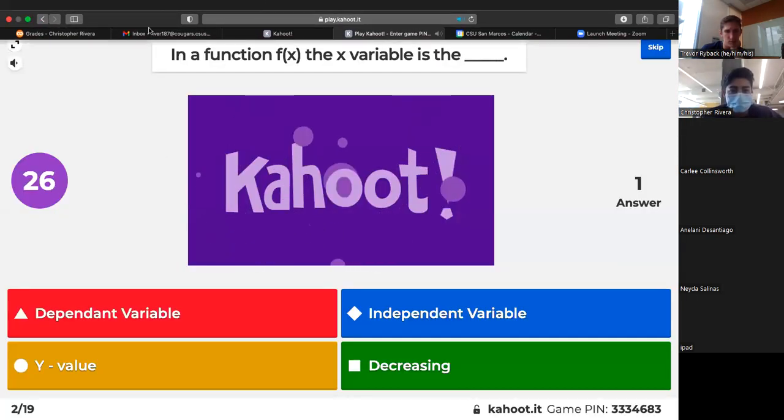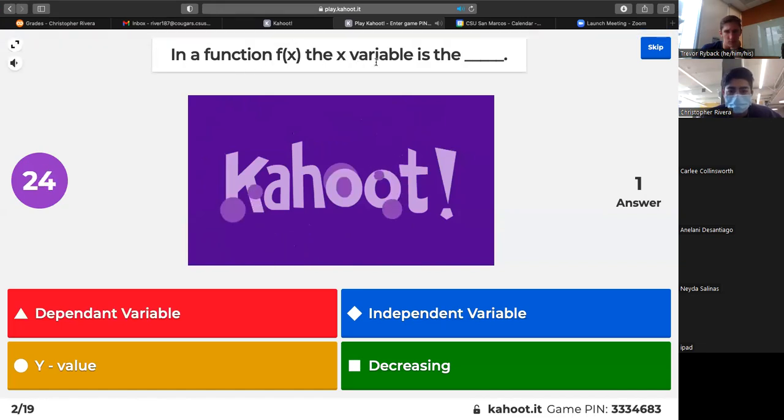The question is asking, in a function f of x, the x variable is: dependent, independent, decreasing, or y value?